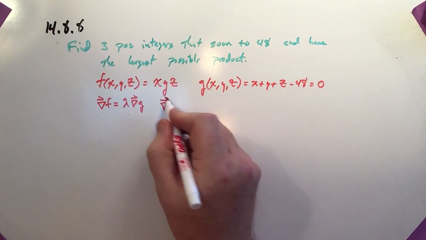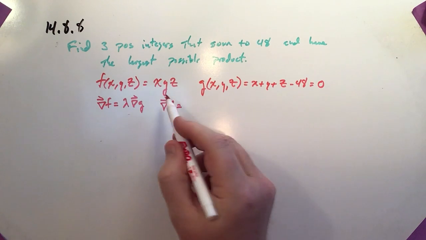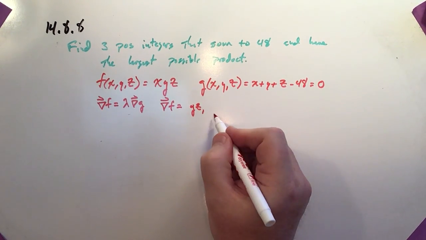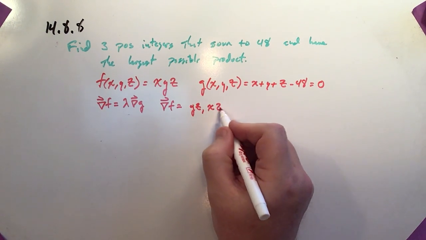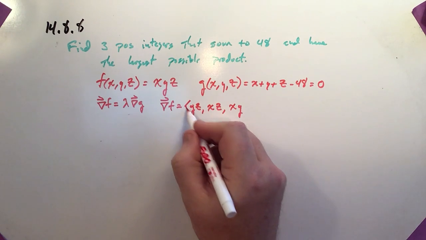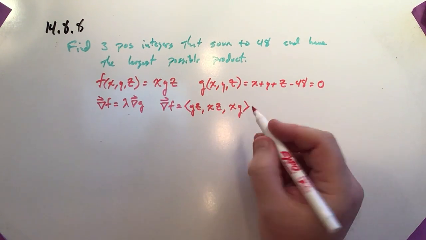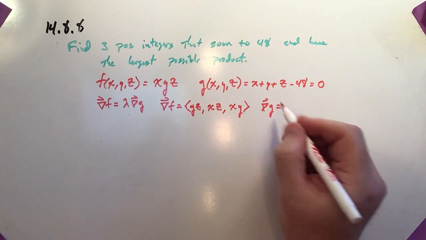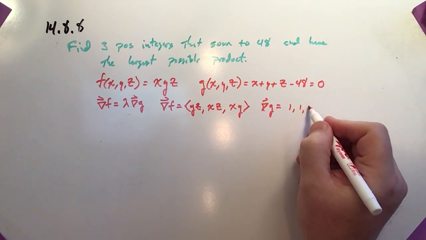First, the gradient of f, and that's going to be pretty straightforward. That's going to be the vector yz, xz, and xy. And then the gradient of my constraint function, and that's going to be 1, 1, 1.